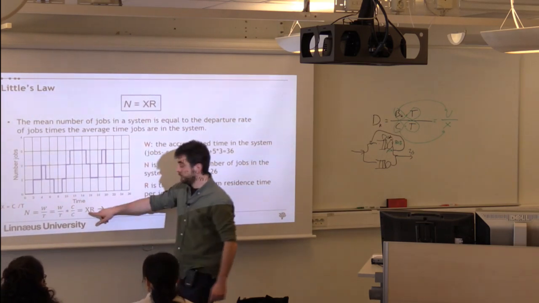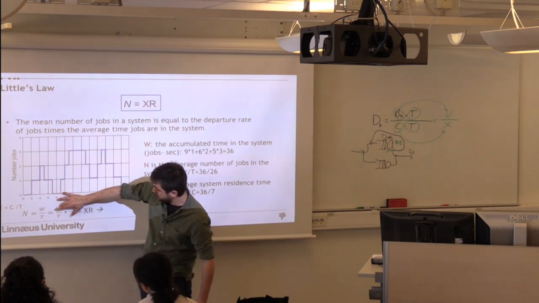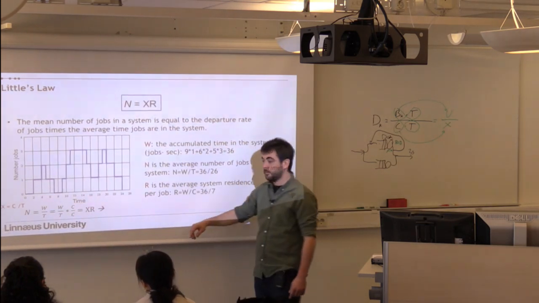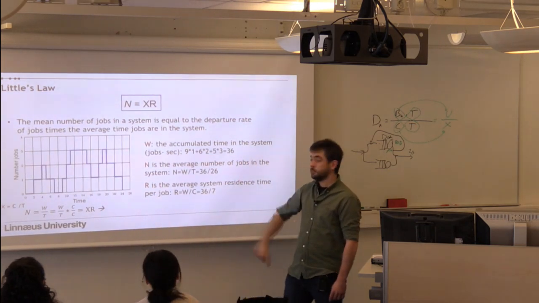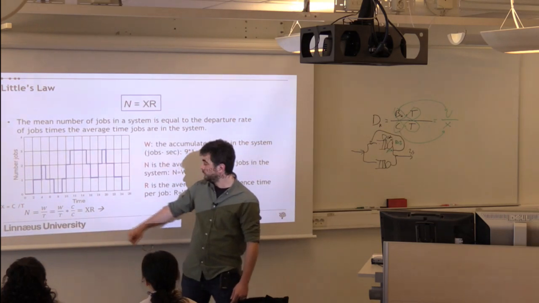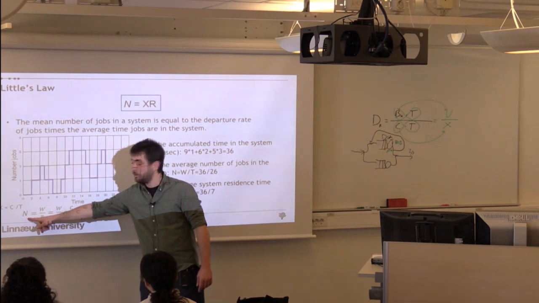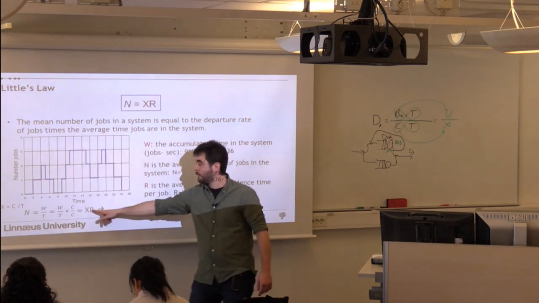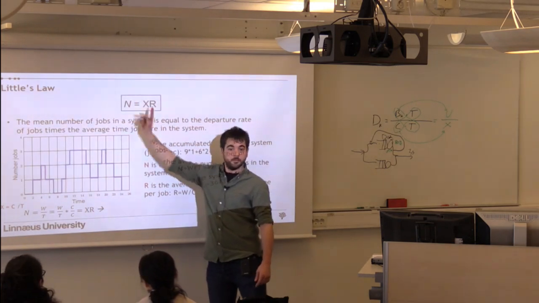So we can write the throughput, and it remains W divided by C, which is what we call the system residence time. So we got that the mean number of jobs in the system is the throughput times the residence time, which is Little's law.